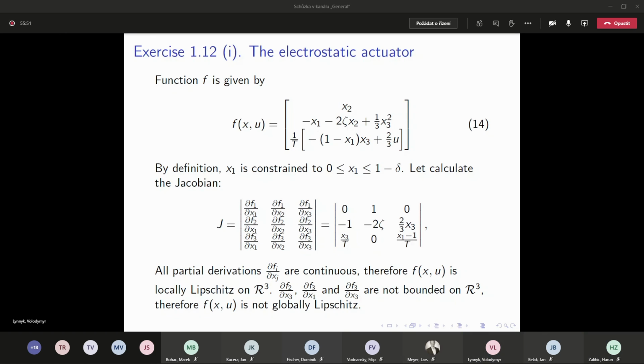Any question? Sorry, one question. You mentioned the indirect Lyapunov method. I believe we didn't have it on the lecture yet, but maybe I'm not right. I believe it's the same thing that we were discussing in the first seminar. Yes, it's the same.